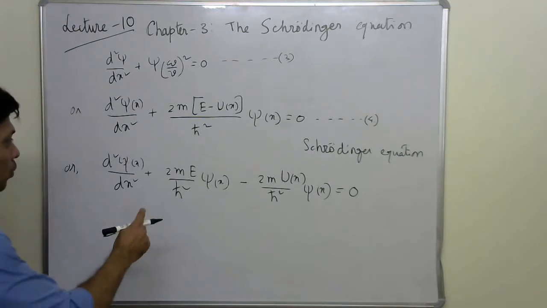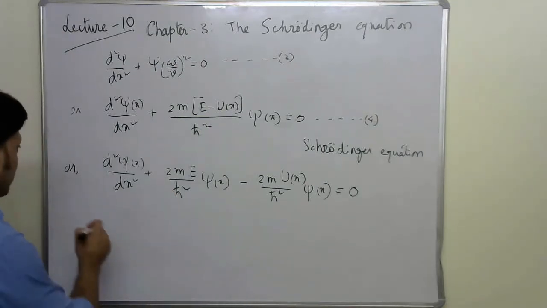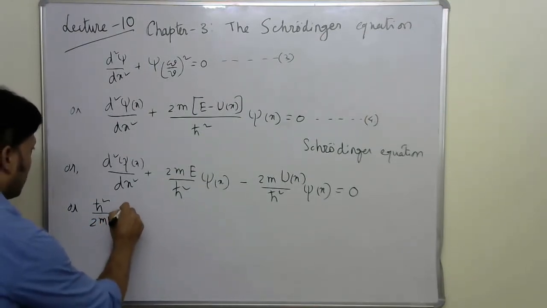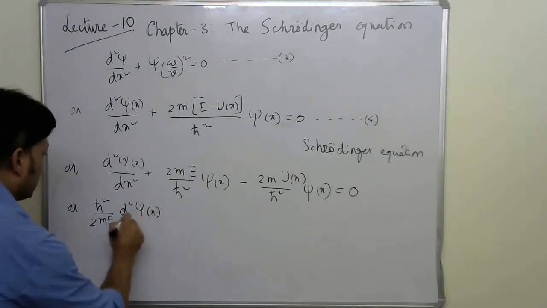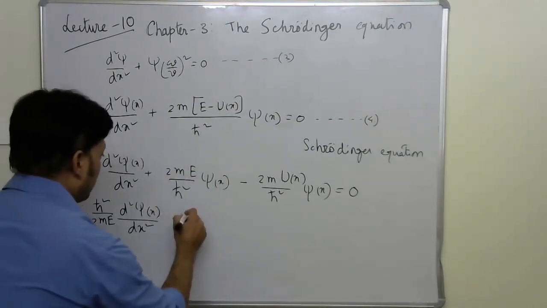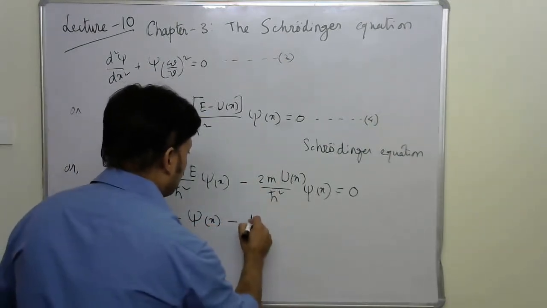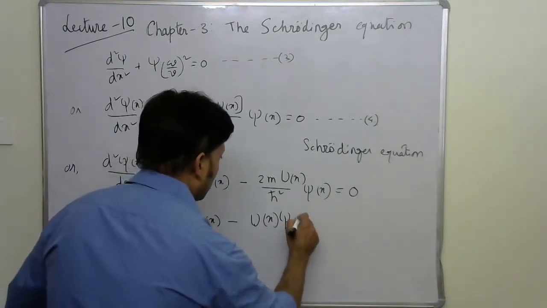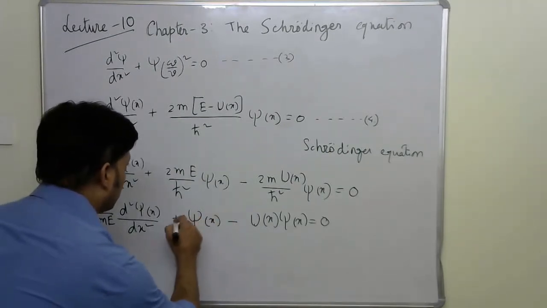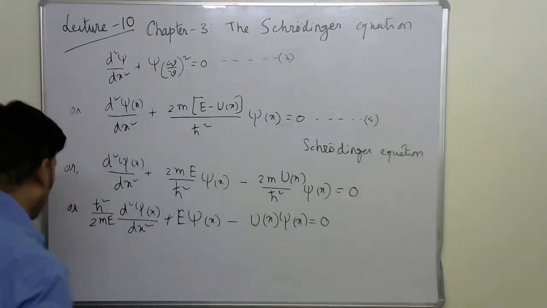We can multiply both left and right hand side by h cross square over 2m. So we can write h cross square divided by 2m d2 psi x dx square, plus this part is now unity, so psi x minus, again this part is unity, U(x) psi x is equal to 0. All right, sorry, I missed the E part. The E part should be over here: energy multiplied by psi of x.